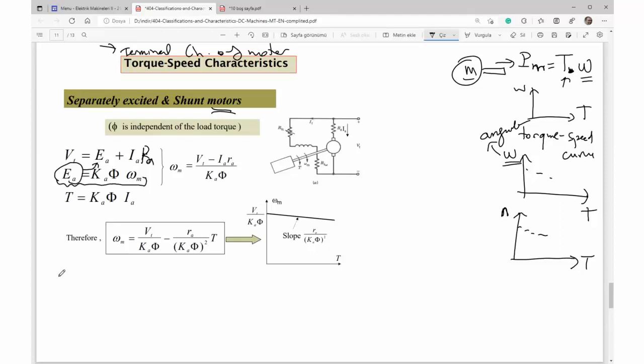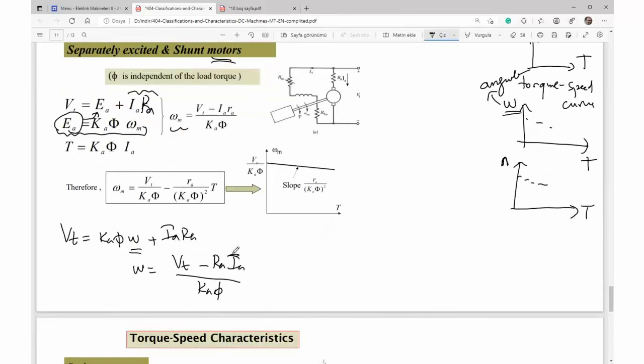Vt is equal to Ka flux omega plus current and RA. And then let's calculate omega. Omega is equal to Vt minus RA times current over Ka phi.